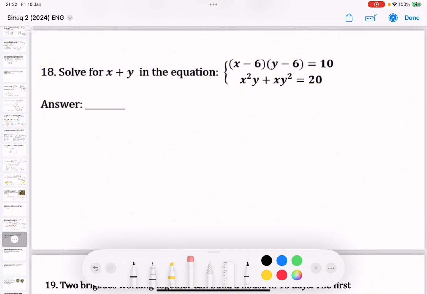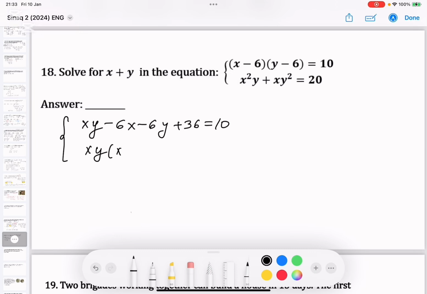Find x plus y from the system of equations. Let's open the brackets in the first equation. Let's multiply x by y. So we're going to have xy minus 6x minus 6y plus 36 equals 10. In the next equation, we have x, we can factor out xy and have xy times (x plus y) that is equal to 20.